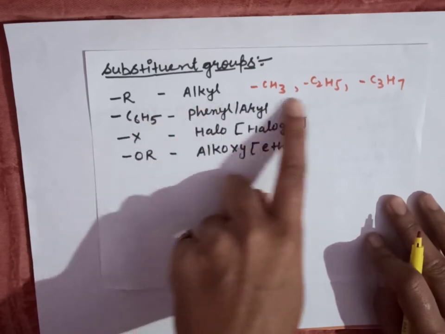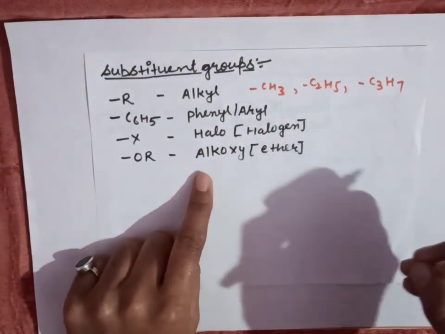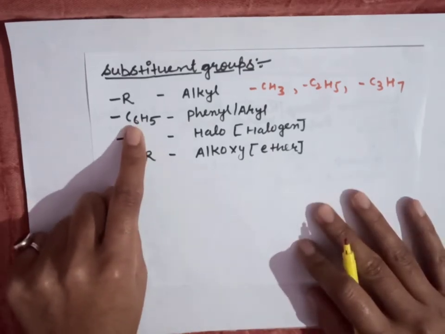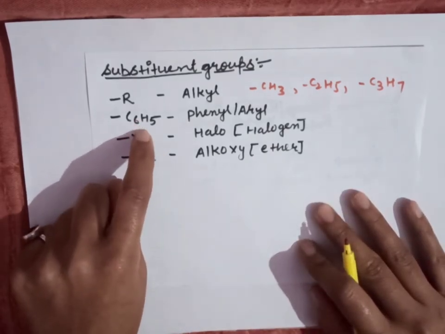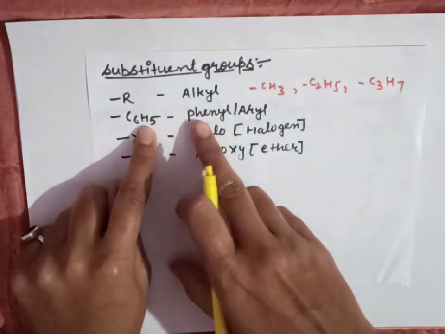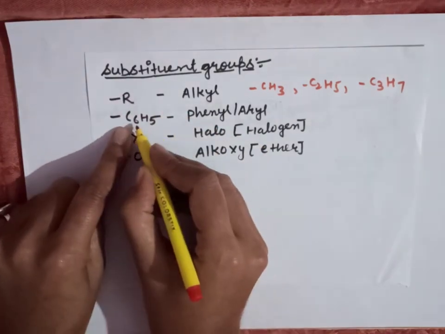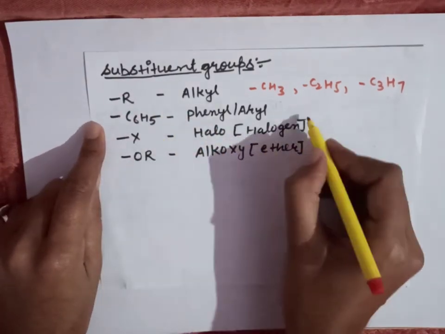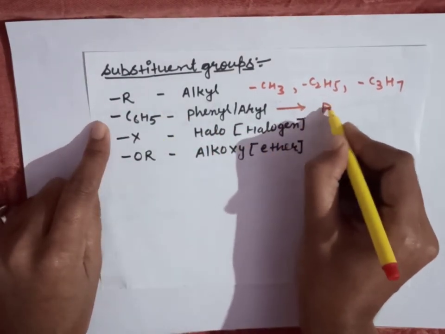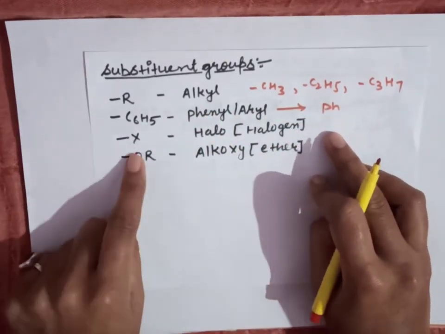R means alkyl group. They are always used as a prefix. Next one is the phenyl group. Children, C6H5, when the benzene ring is used as a prefix, we use phenyl or aryl. Sometimes in place of C6H5, Ph is written. This is the abbreviation of phenyl.